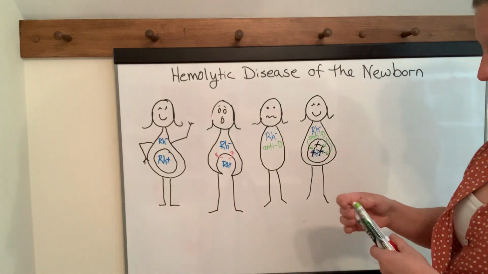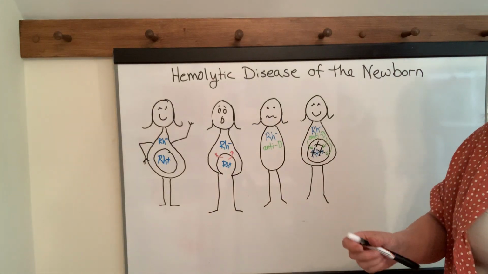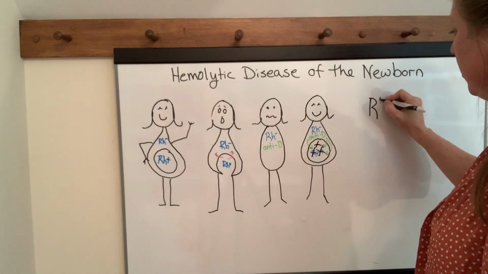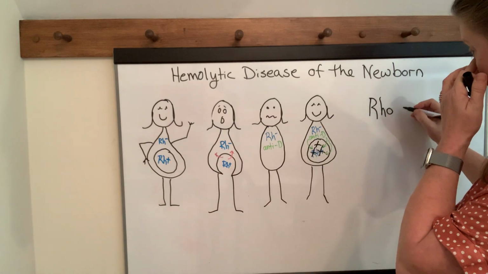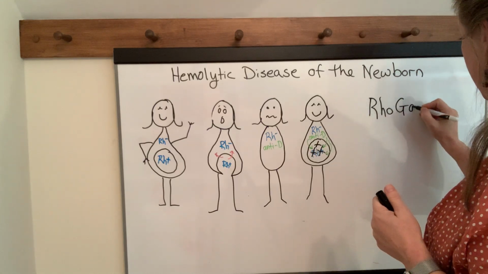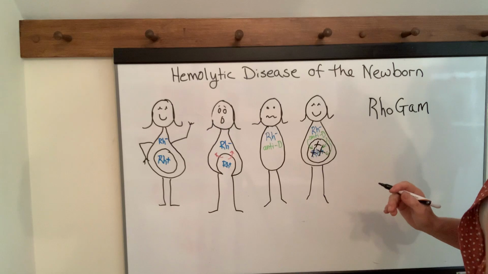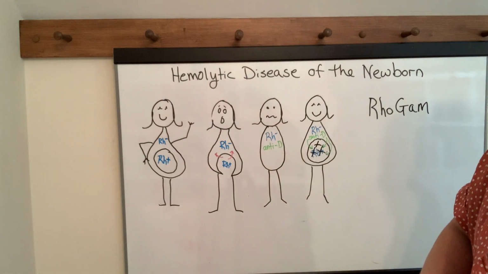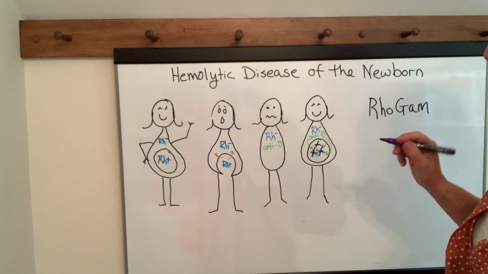Now, in order to prevent this, women who are Rh negative are given something called RhoGAM. What RhoGAM does is it protects or hides the D antigen.